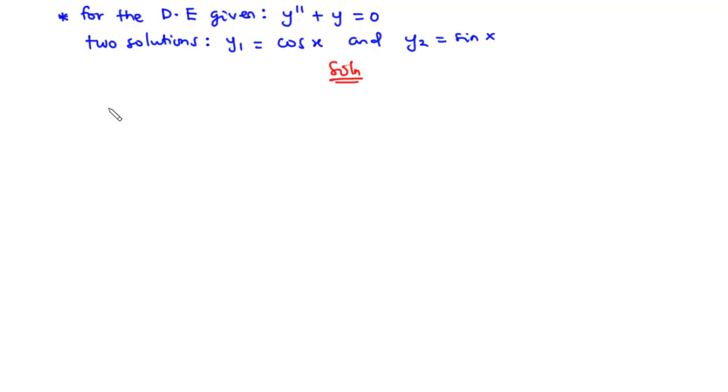So we have y1 giving us cos x, and y2 giving us sin x. Now we want to find the Wronskian.